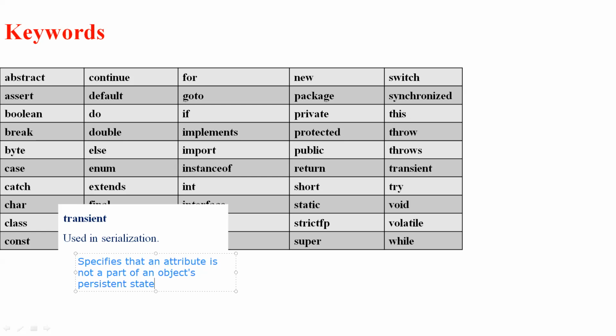So by using this transient, we can specify that an attribute is not a part of an object's persistent state. So transient is used in the case of serialization.